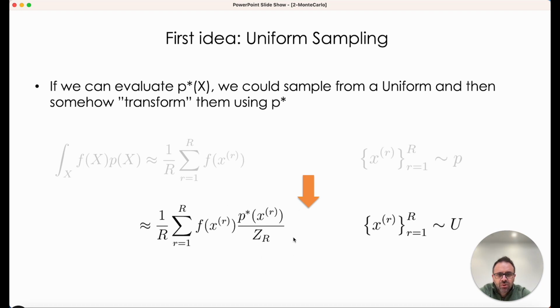With this term, we will be weighting the sample. So if the sample is more likely under P star, then this weight is going to be higher than in cases where the sample coming from the uniform is less likely under P star. Then that sample is not going to weigh so much in this calculation. This normalizing term here will be just the sum over all our samples of P star of the sample.